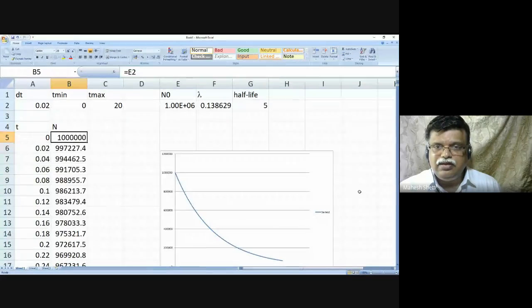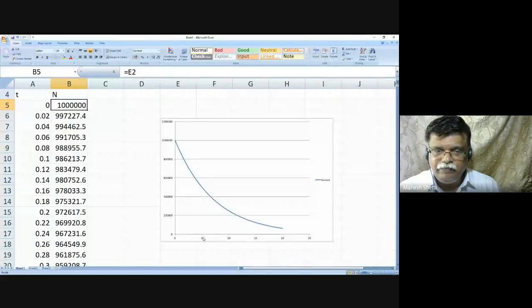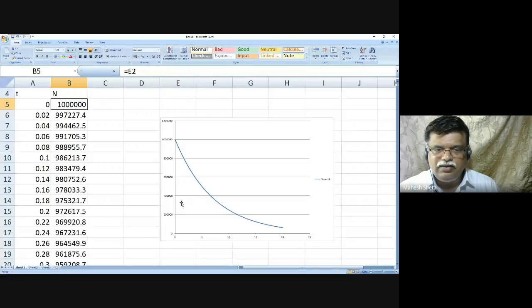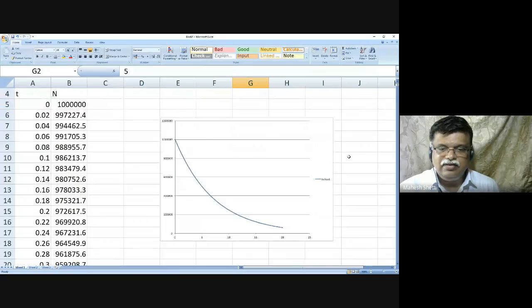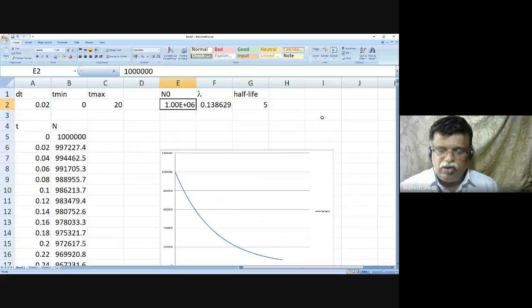You can see at t equal to 5, it has reached half the value. Between about 4 lakh to 6 lakh, halfway it has become correct. If I want to see that nicely, what I can do is take the initial value as not 1 million but 1.2 million.